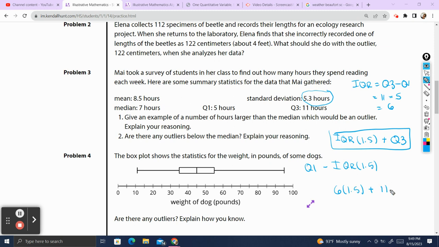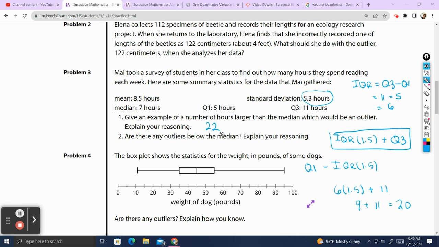So 6 times 1.5 is 9, plus 11 is equal to 20. So an example of a number larger than the median which would be an outlier would be 20 hours plus. So 21 hours, 22 hours, 23 hours. Let's say 22.